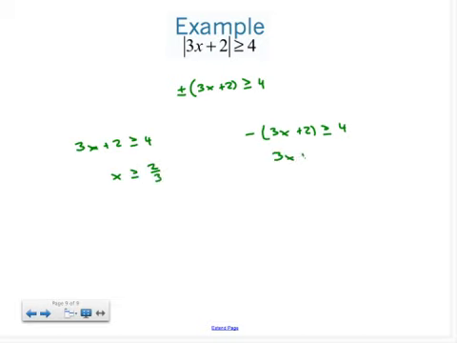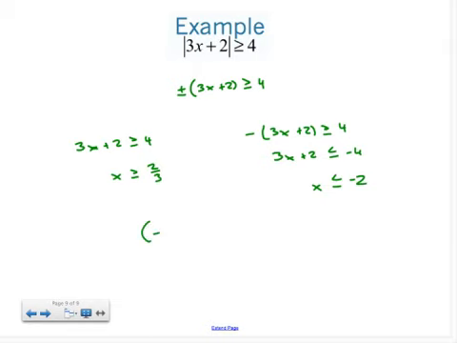Multiply both sides by -1 means you need to flip. Subtract 2 gives you -6. Divide by 3 gives you -2. Now we can decide whether this is an and or an or statement. So I'm bigger than 2/3, but I'm also less than or equal to -2. So technically it's an or statement, but it doesn't matter to me because we're going to write our answer in interval notation.